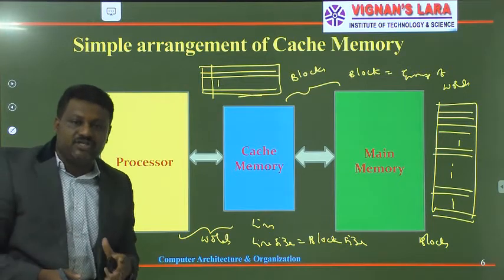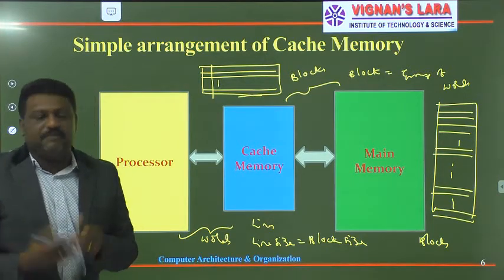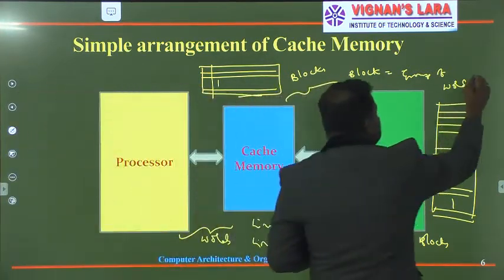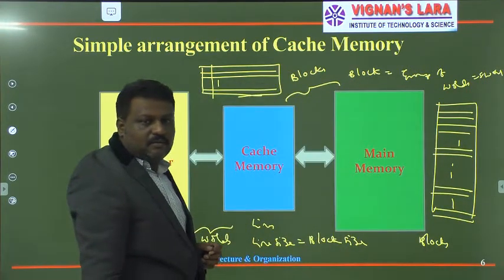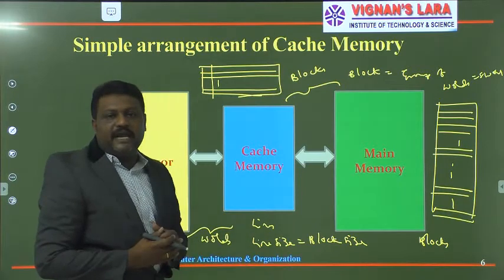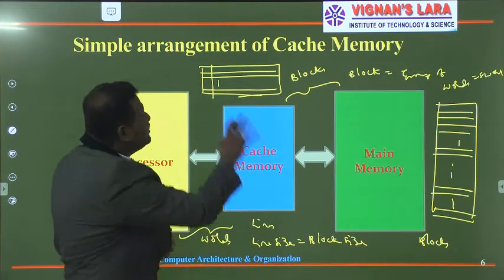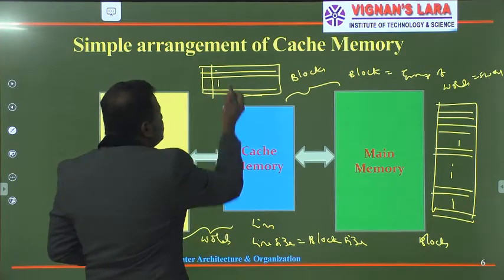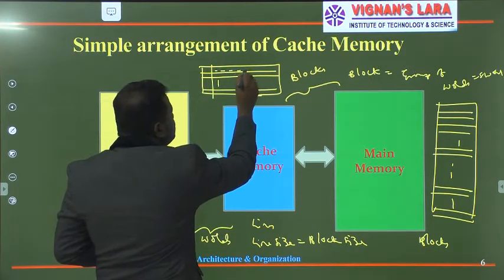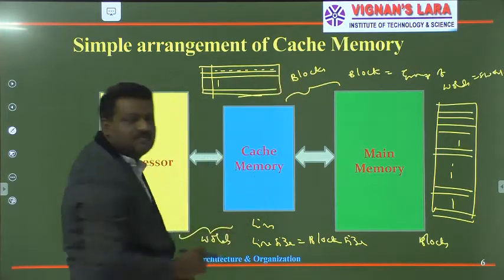Line size in a cache is equal to block size in main memory. For example, if your block size is 8 words in main memory, then the line size is again 8 words, because those 8 words are stored in a line side by side. That means here I can place the first word, second word, third, fourth, fifth, sixth, seventh, and then eighth.